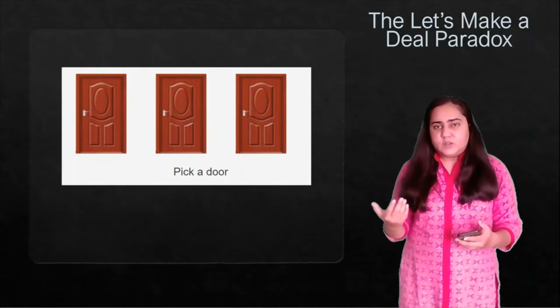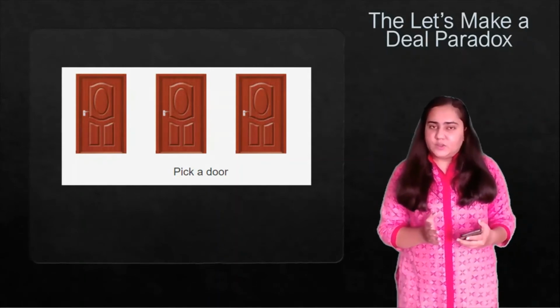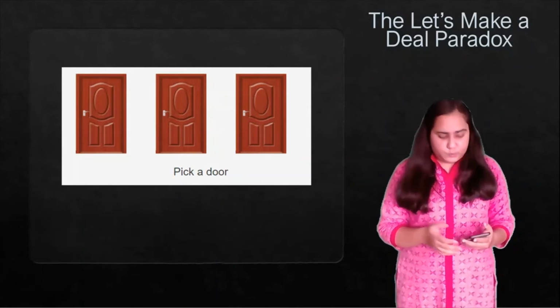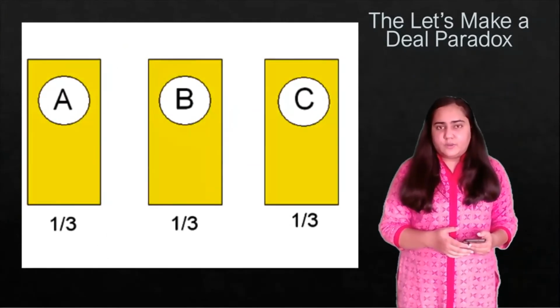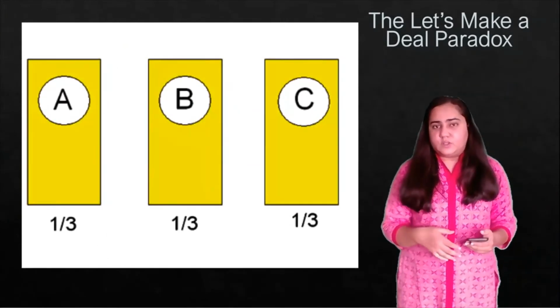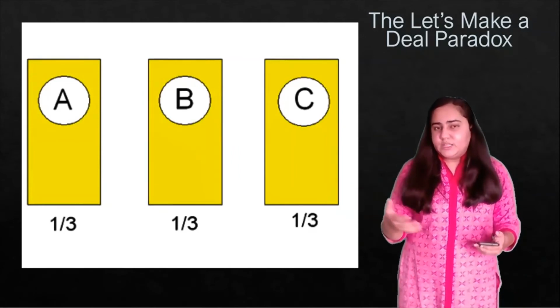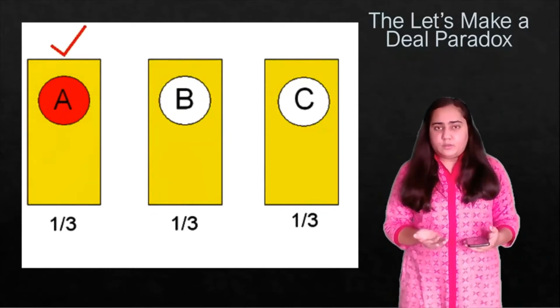Now, the question here is, in this game, whether to stick to the door that you have selected or to switch, which one's better. So that's what we are going to find out now with this simple example that I'm showing right here. Consider that you have 3 doors here, A, B, and C. The probability that the gift is behind A is 1/3.